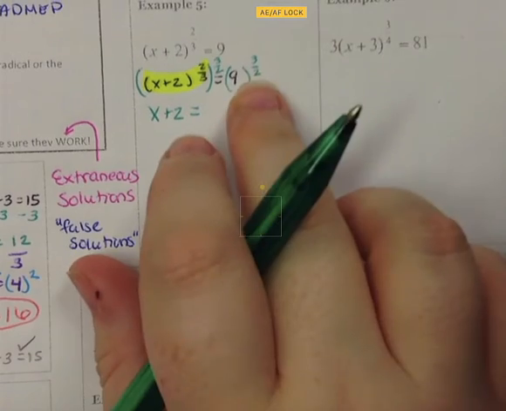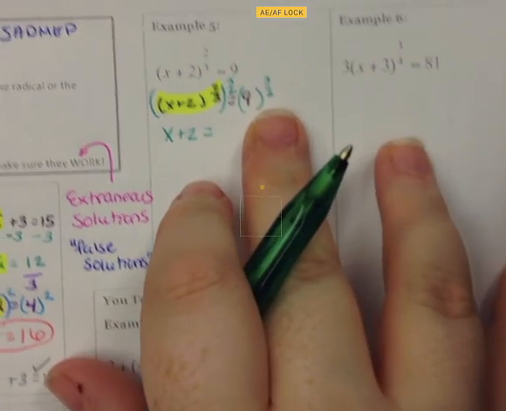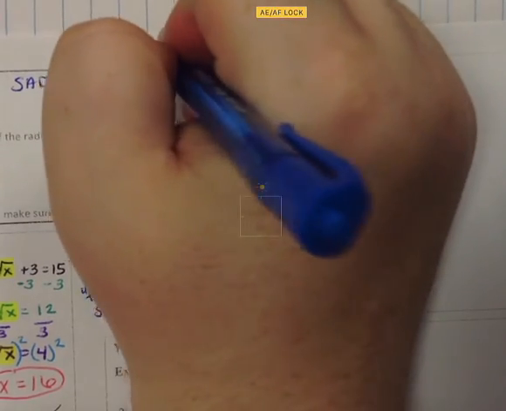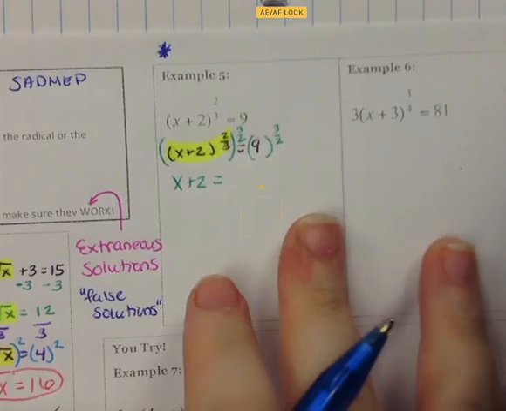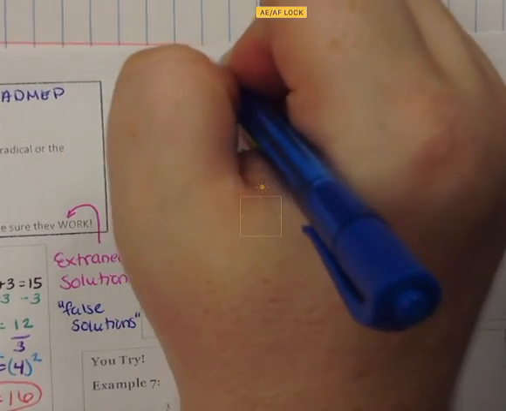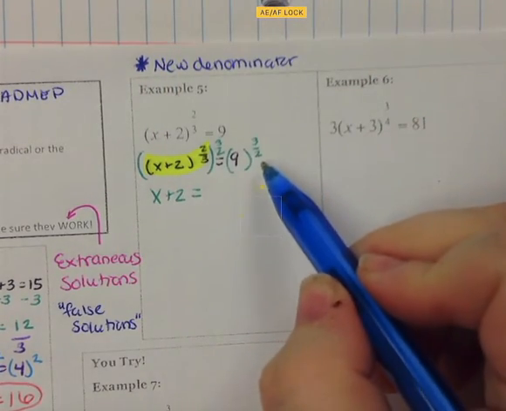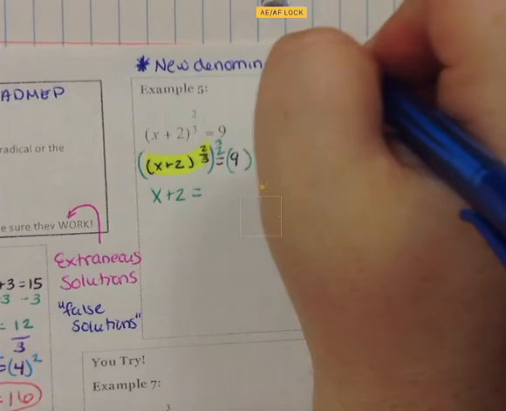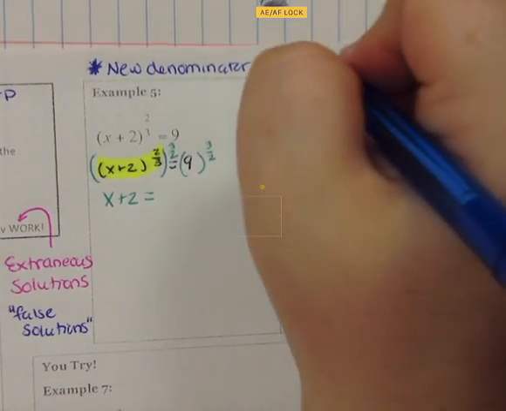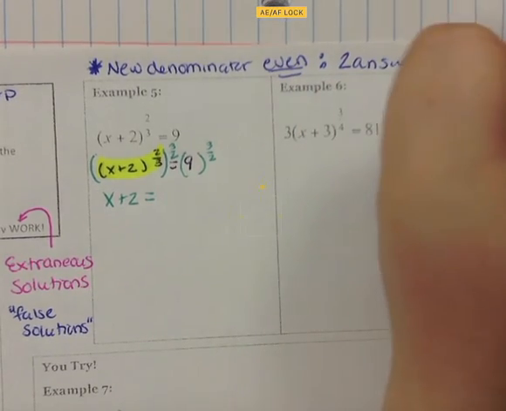But since I still have a fraction when I do the reciprocal, I have to be very, very careful about something. Make a note: if your new denominator, so the reciprocal, if your new denominator is even, you're going to have two answers. That means we're going to have plus or minus.